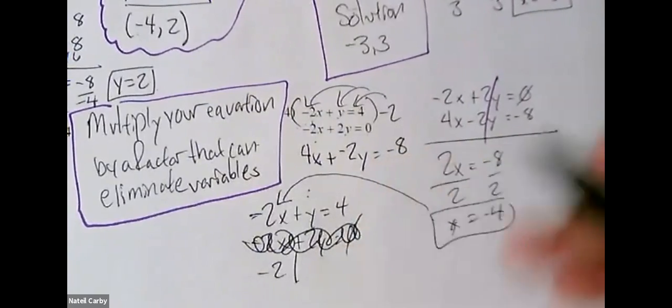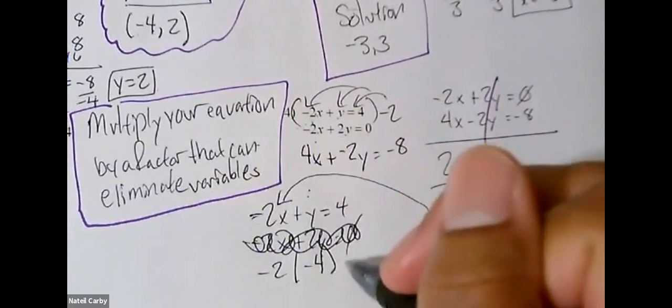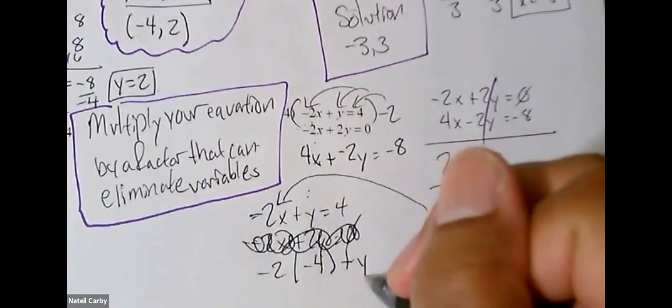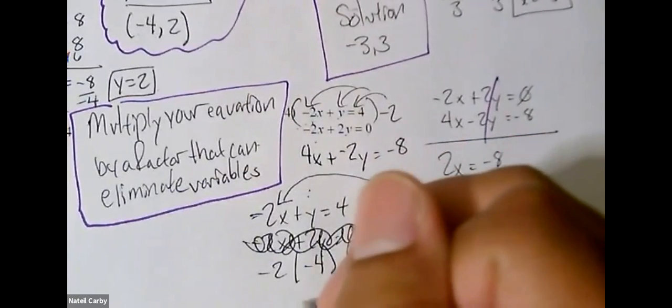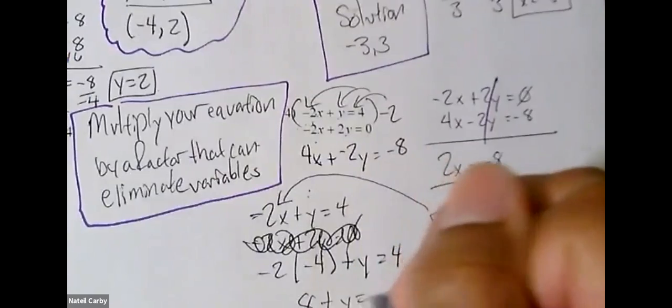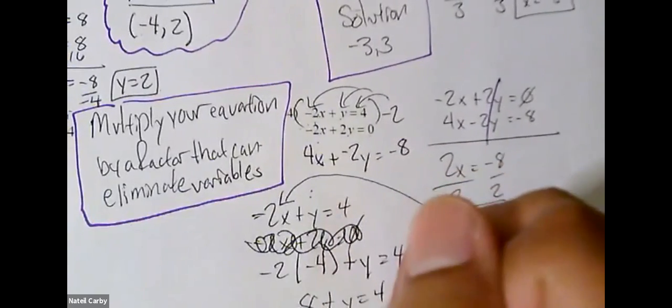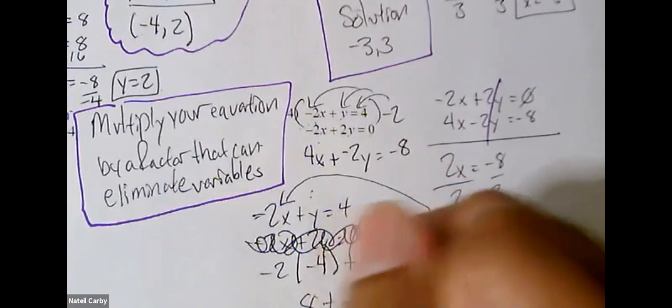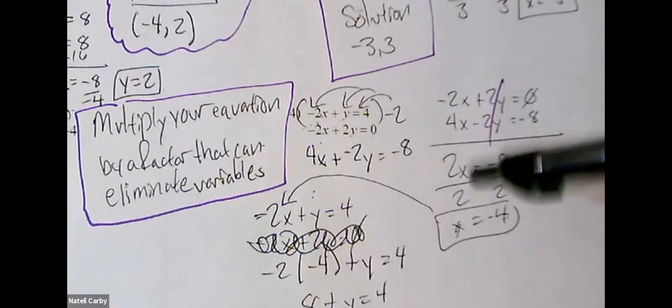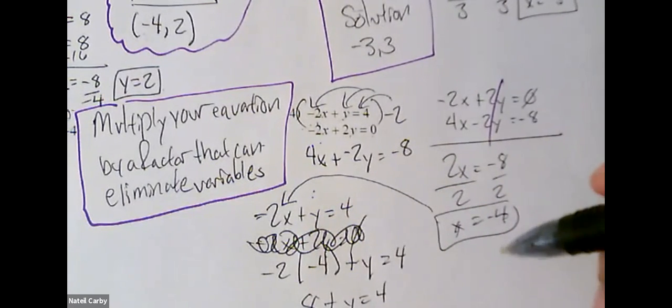So negative 2 times negative 4 plus y equals 4. Oh, wow. So for this problem, my x and my y are both equal to negative 4.